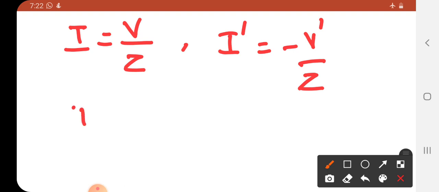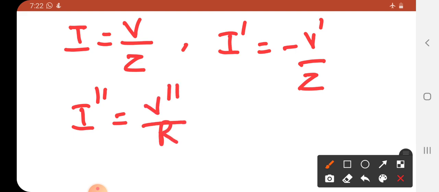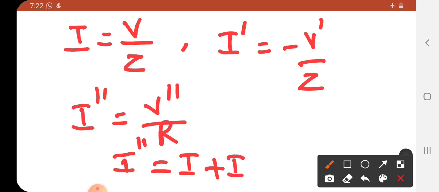I double dash is equal to V double dash divided by R. But we know that I double dash is equal to I plus I dash, and similarly we can write V double dash is equal to V plus V dash.